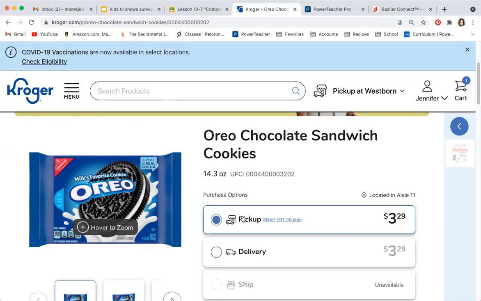14.3. Now you're able to do that on a calculator today. I'm going to pop it up here on the screen. Not sure if you can see it. No, you can't. $3.29 divided by 14.3, and what do you get? 0.3. I got 0.23006993006. Do I need to write down all those digits?